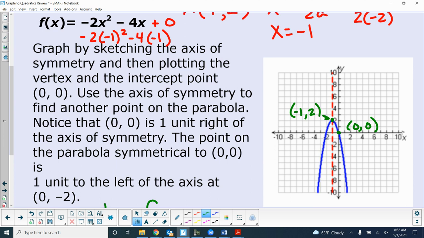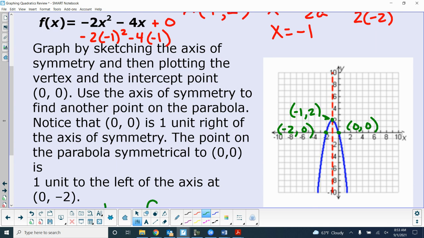So this green dot at 0, 0 is 1 unit to the right of my axis of symmetry. So I go 1 unit to the left. So the third point that I would label for my graph would be negative 2, 0. It's on the x-axis there. Okay?